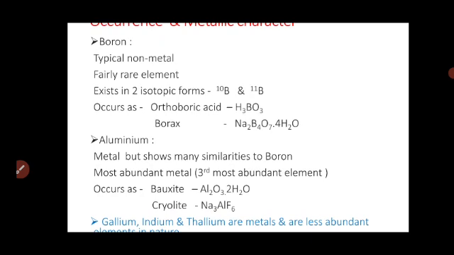See how the chemistry, the properties, change within one particular group. Usually the properties remain the same, for example in alkali metals and alkaline earth metals, they show similar properties for all the elements. But here, these properties are changing.